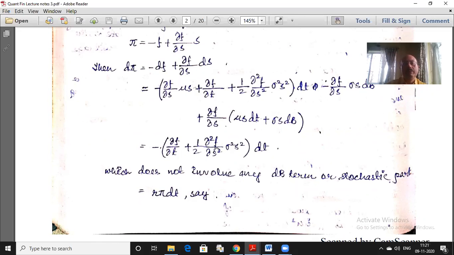The operational formula I have from the Ito's result, but the equality comes from the no arbitrage principle. That this expression here, which is evaluated from the Ito's formula, must equal r pi dt because of the no arbitrage opportunity situation.